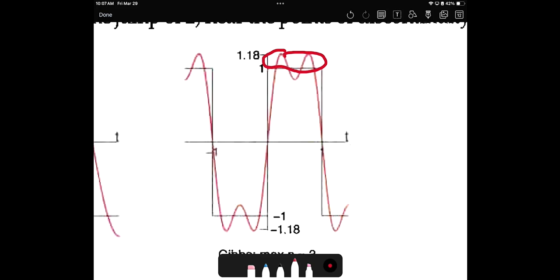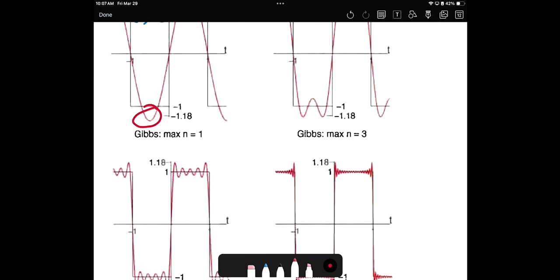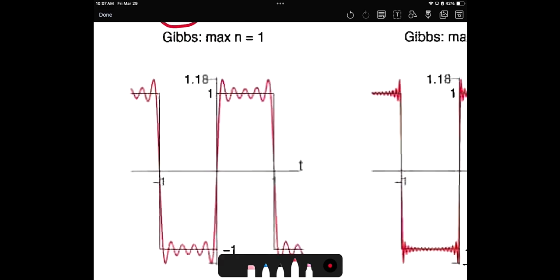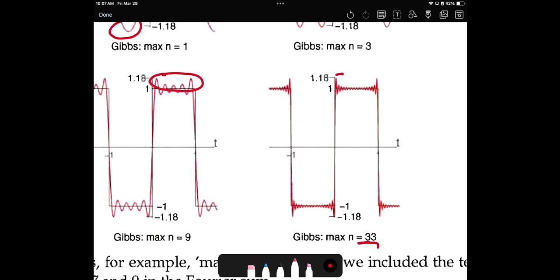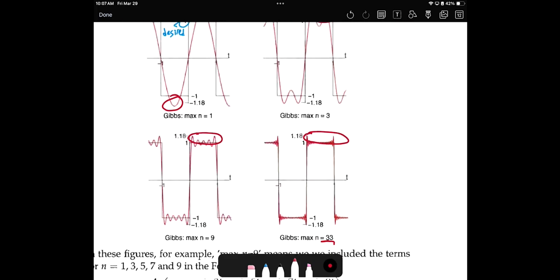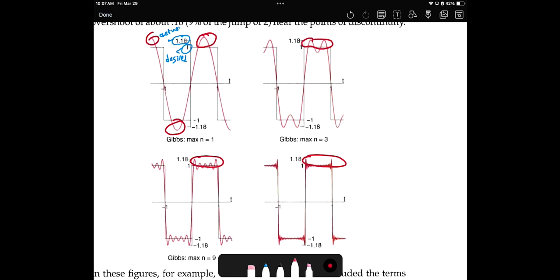If we use 9 terms, the overshoot remains 9%. If we use 33 terms, it remains 9%. So in summary, whenever we use any finite number, if you use 1,000 terms, if you use a million terms, you will still get 9% error, or 9% overshoot.